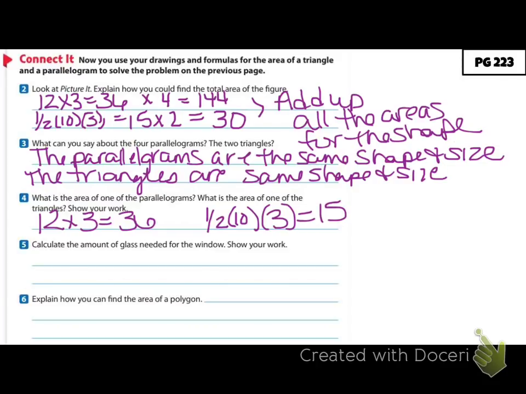Now it says calculate the amount of glass needed for the windows. So we do 36 times 4, because there are 4 of them, and we get 144. And then we do 15 times 2, because there's 2 triangles. And then we add these together. We get a total of 174, and we are working in square centimeters.